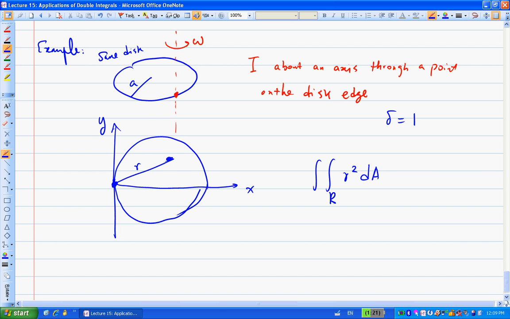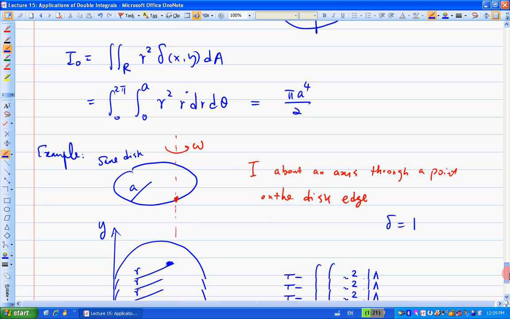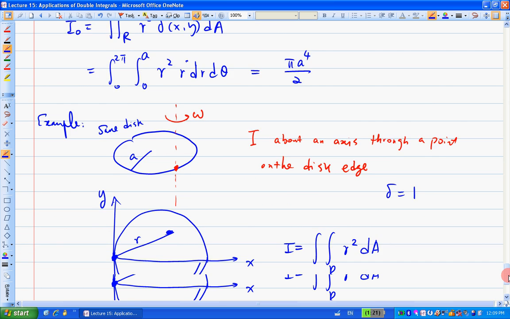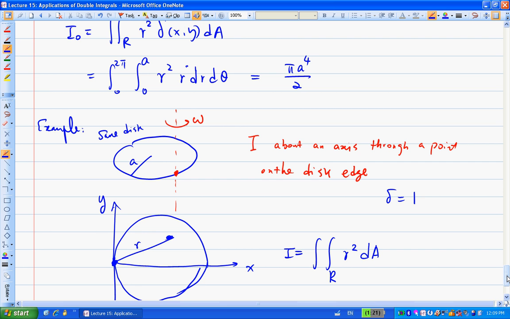This is the current I now. Formula-wise, it's the same thing. Does that make sense? The moment of inertia about this axis going through here, vertical, needs the distance from that point to this axis, which is R squared.